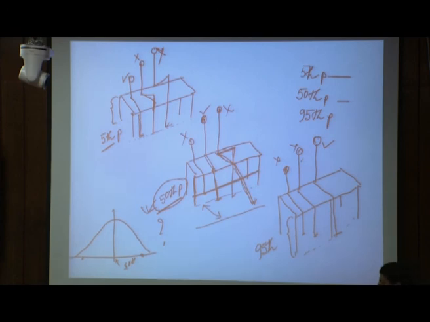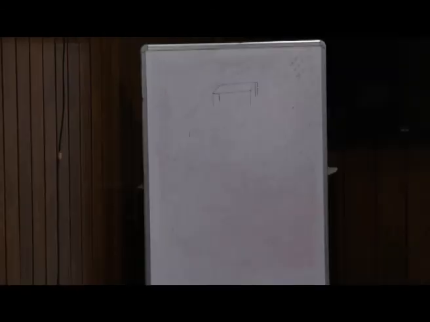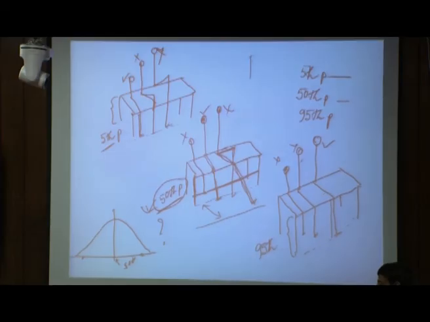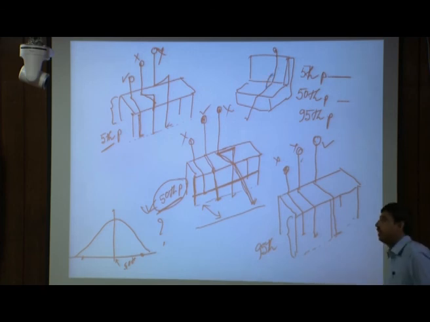In the same line, if we consider the sofa, while we are designing the sofa, generally the height of the sofa is less. Why? Because it is assumed that while people are sitting on the sofa, their posture will be relaxed. With a relaxed posture, this angle is almost 100 or 120 degrees, and they will extend their legs forward.